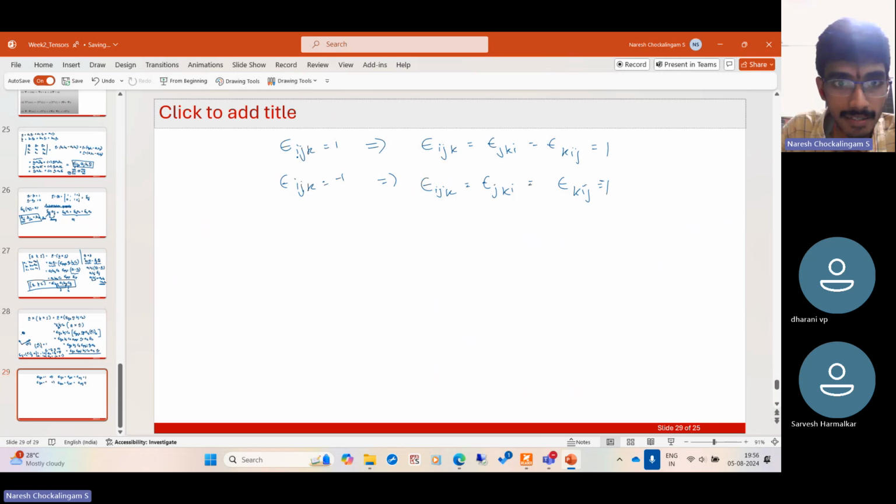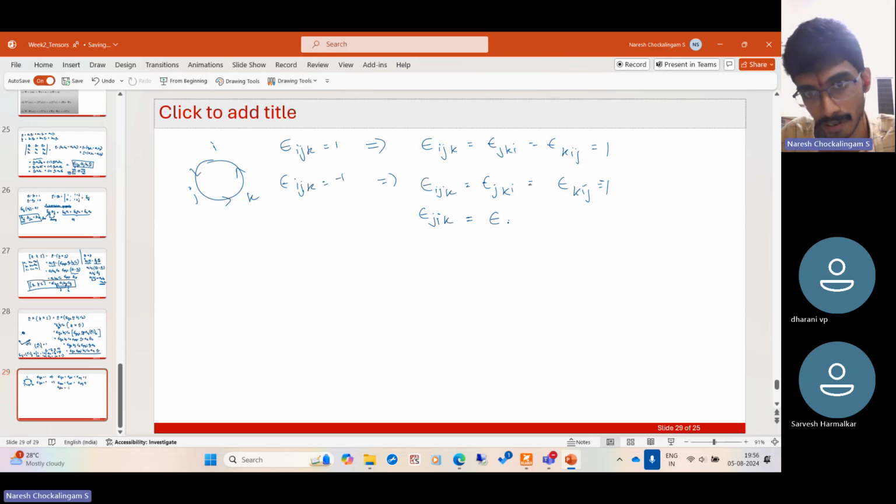Therefore, if you cycle these i, j, k in the same order, this value will remain unchanged. But if you cycle it in the opposite order, if you take epsilon_jik, epsilon_kji and epsilon_ikj, these will take the other value, because you're cycling it in the opposite direction.